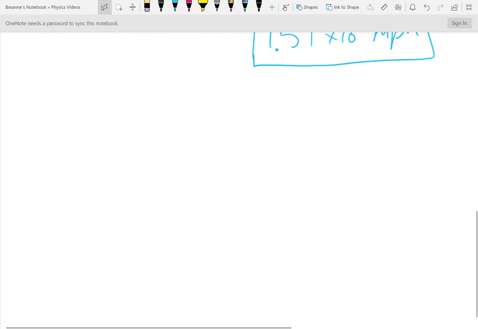There we go. So my next question, which one do I want to do? I want to do the one where we're converting from 98,153 centimeters and trying to get it into miles.